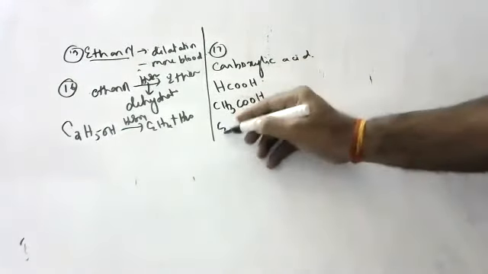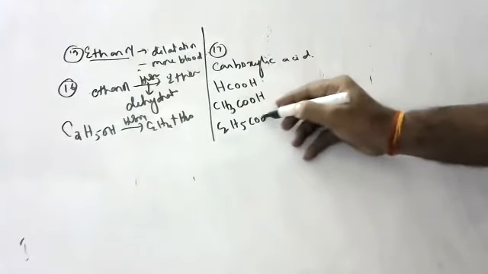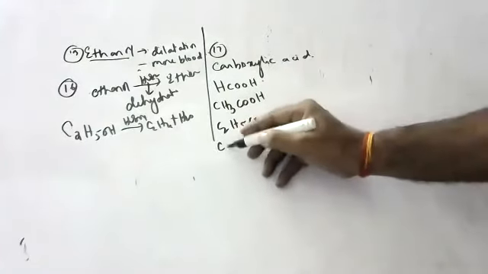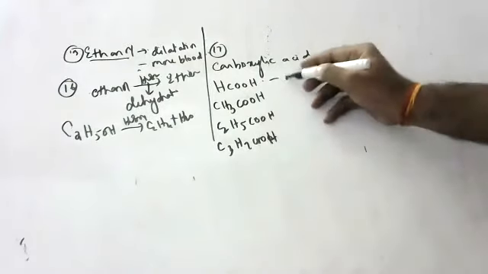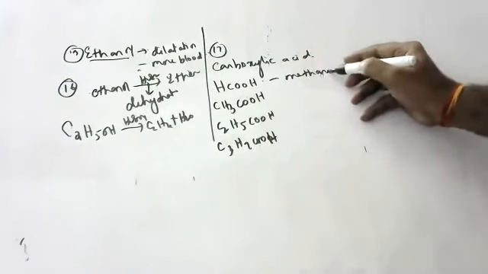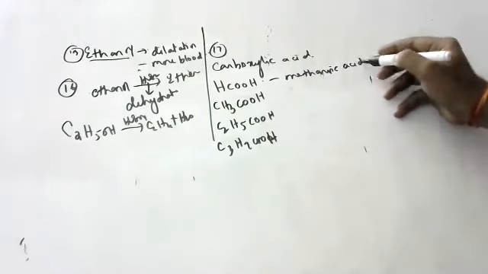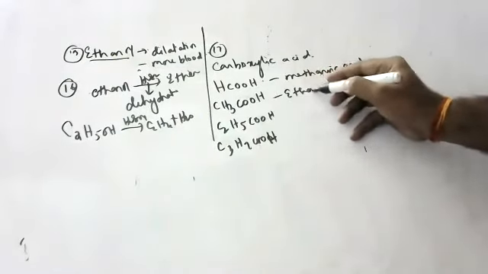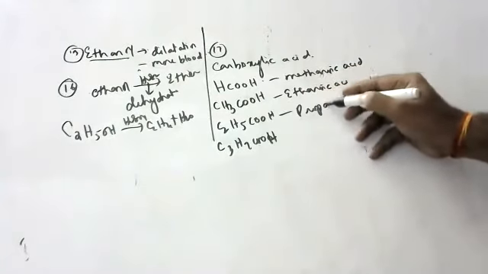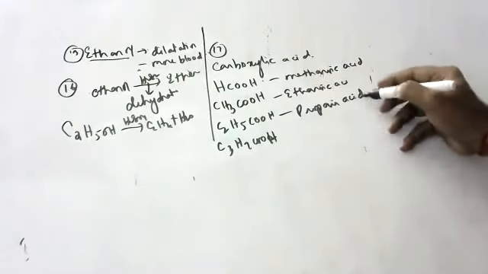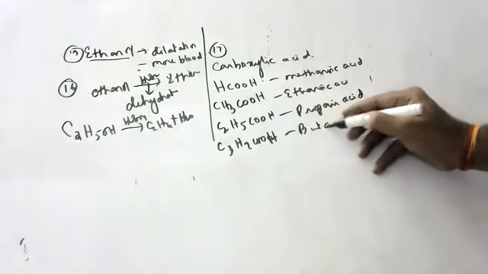Add CH2: C2H5COOH, propanoic acid. Add CH2: C3H7COOH, butanoic acid. Can anyone name these compounds?